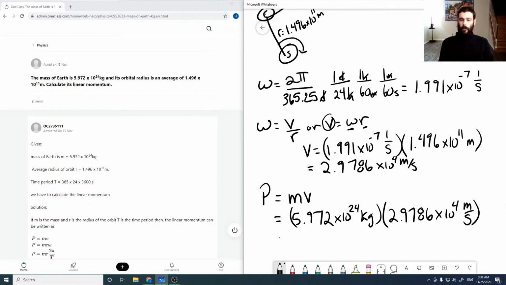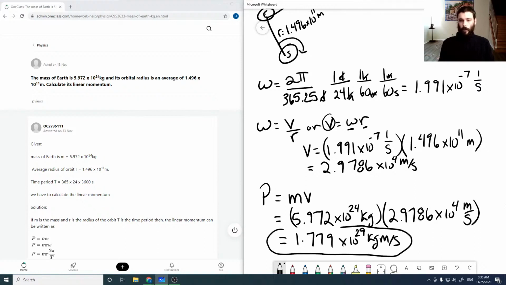Running that through our calculator, we would get 1.779 times 10 to the 29 kilograms meters per second. And so that would be our linear momentum for the Earth orbiting the Sun.